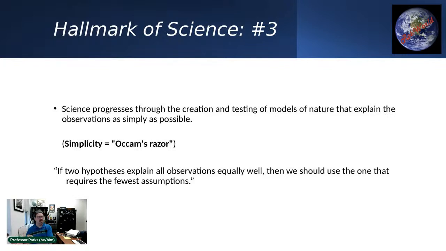Whereas the Copernican model was much simpler to use, particularly from a mathematical standpoint. So if you have two hypotheses that provide explanations that are comparably measurable, then you go with the one that is simplest.